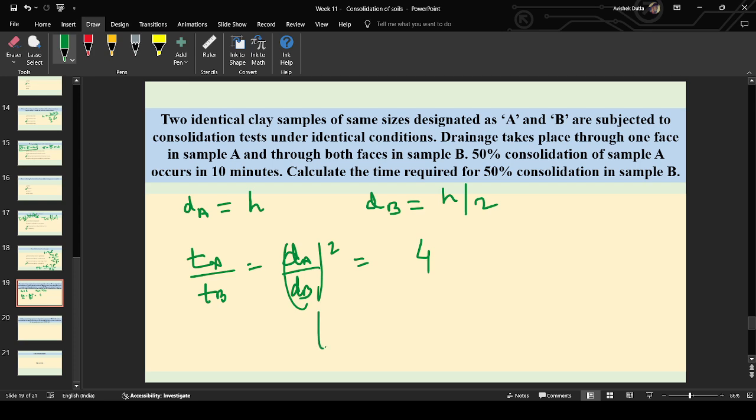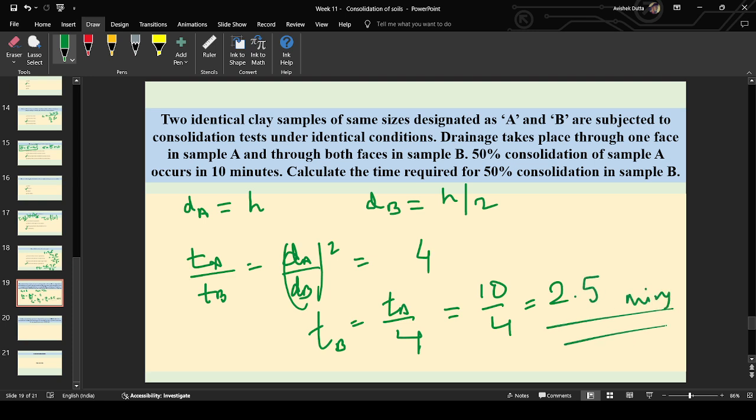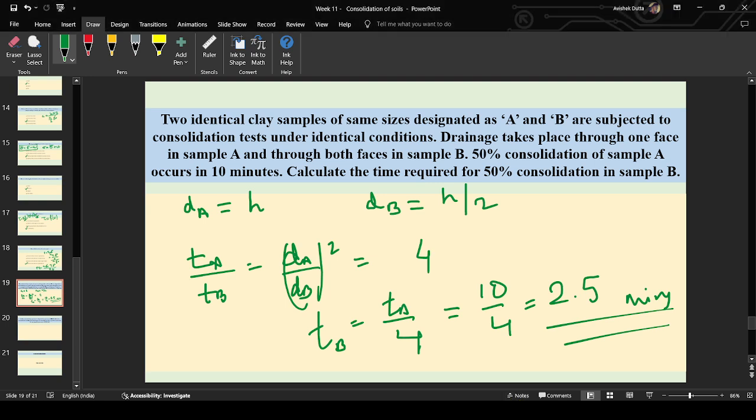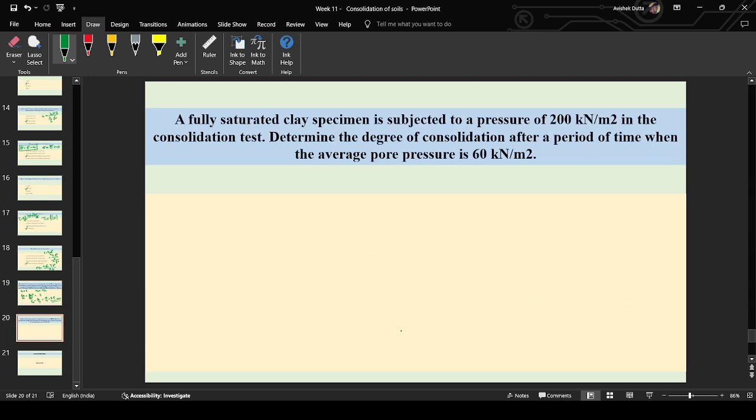So just rearranging, time taken for B for 50% consolidation will be equal to tA divided by 4. tA is 10, divided by 4, that is equal to 2.5 minutes. 2.5 minutes. Is it clear? Yes, sir. Okay. Last question was this one.